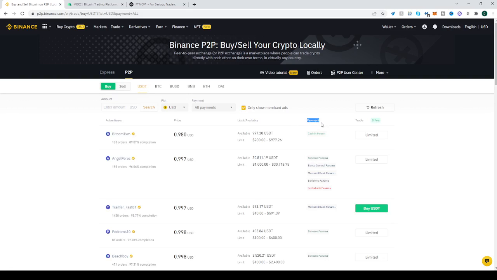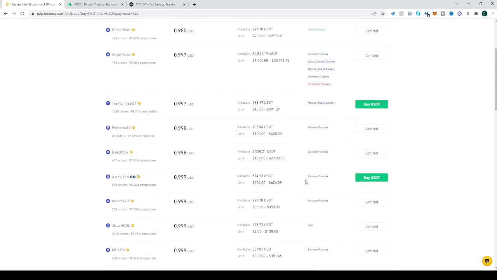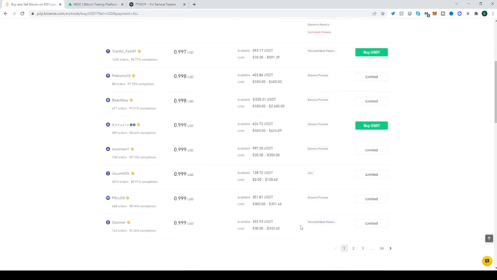The payment methods. You see, there's even a cash in person option where you deliver the cash to them and they give you the cryptocurrency. Some support Banesco Panama also, and you see pretty much everything in Panama here. Different banks, Zinli.